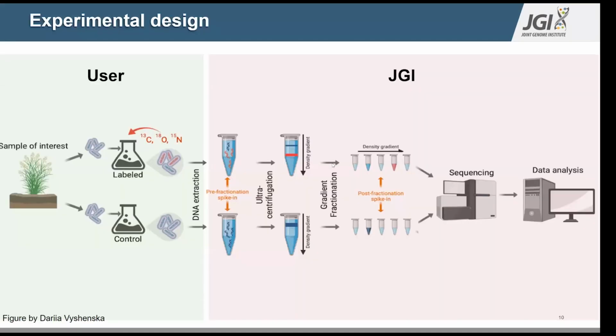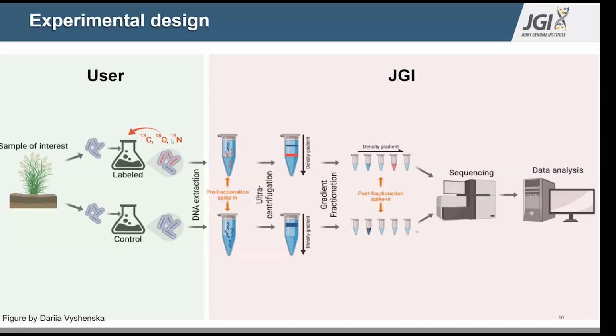So it starts with the user having a sample of interest, and they perform incubations either with the control media. So this is media that has a natural isotope abundance. So most of the, let's say, carbon is carbon-12 in this control media. Or they do an incubation in an isotopically labeled or isotopically enriched media, where you're replacing carbon-12 with carbon-13.